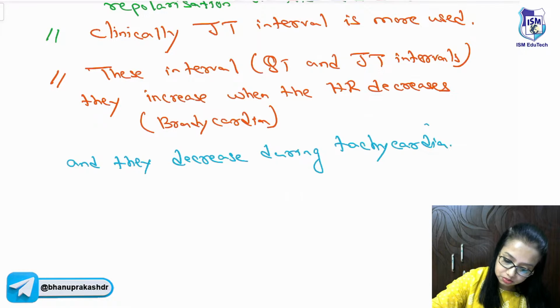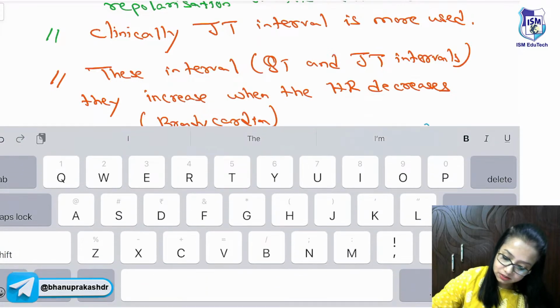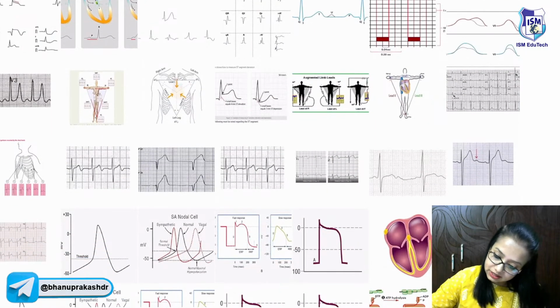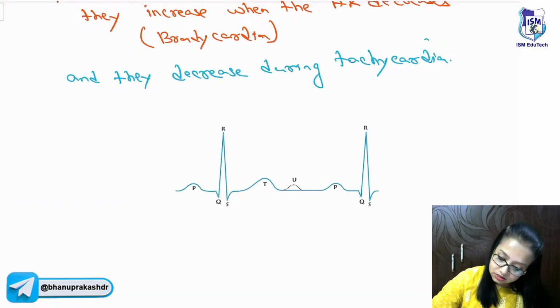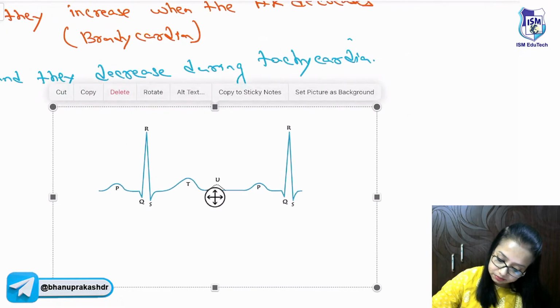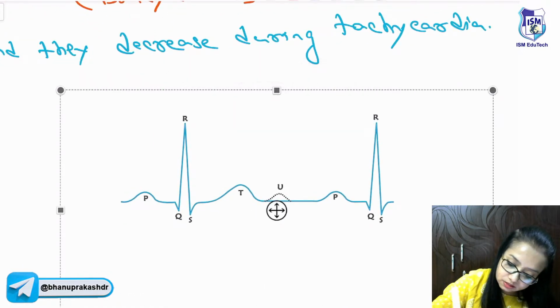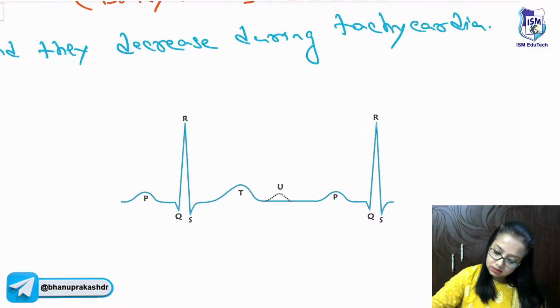So what is the location of this JT and the QT on the diagram, just for a quick remembrance? So this is our graph. The QT is the start of the QRS complex, so QRS complex, all the way till the completion of the T wave.